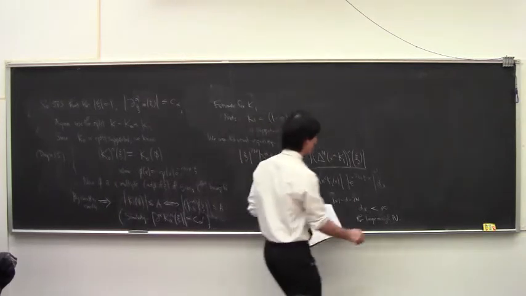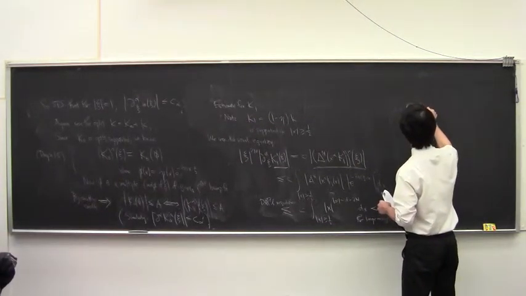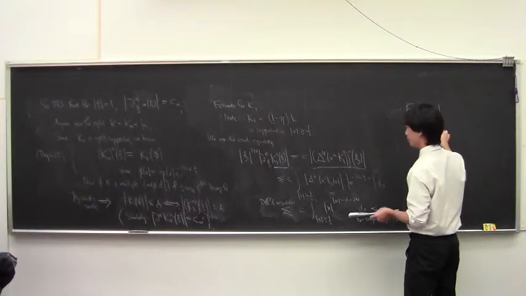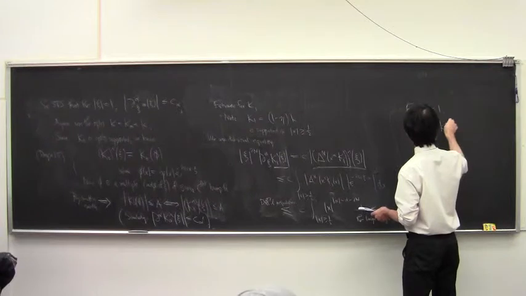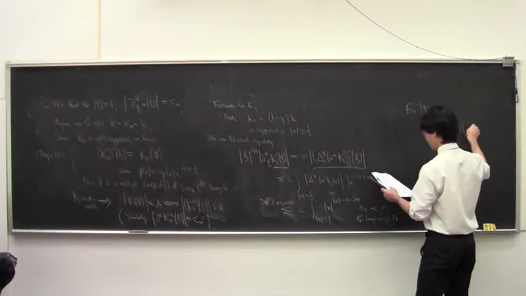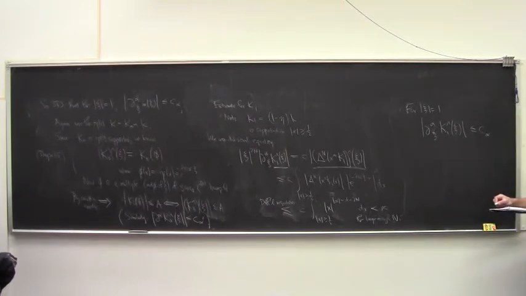So what that gives us is that for c of size 1, this thing is controlled by some constant. And that's what we want.